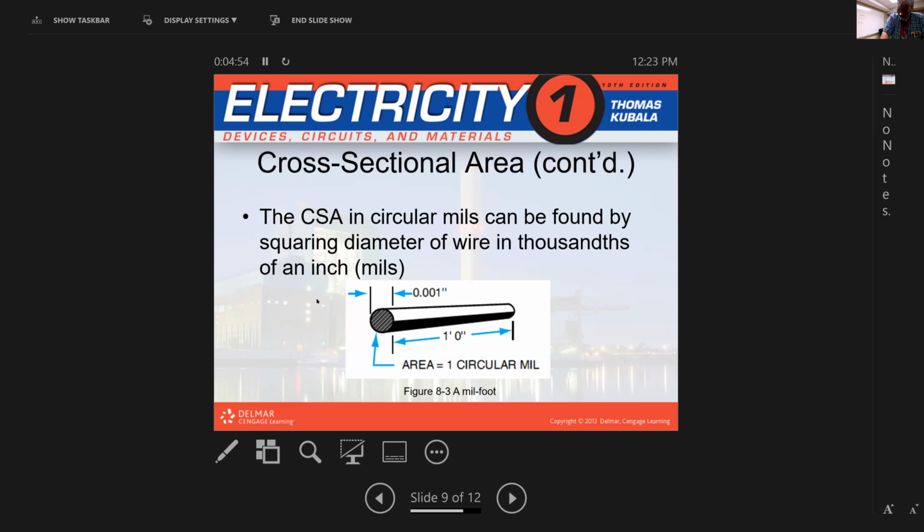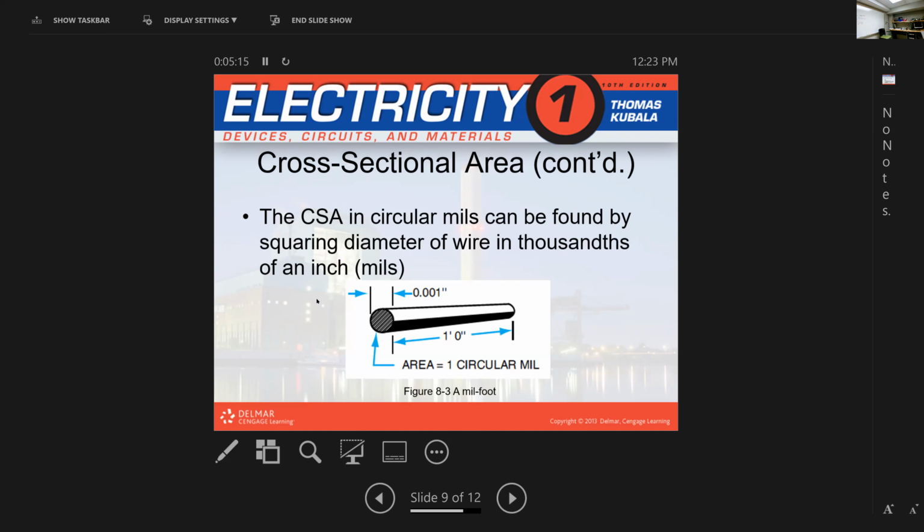Cross-sectional area is measured in circular mils, and it can be found by squaring the diameter of the wire in thousandths of an inch. So the basis of what we're going to be doing right now for calculations is something called a mil foot.